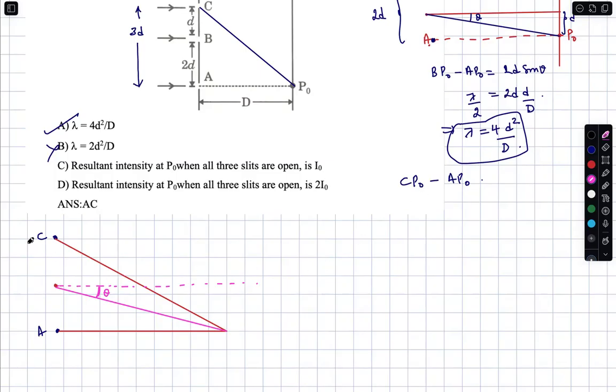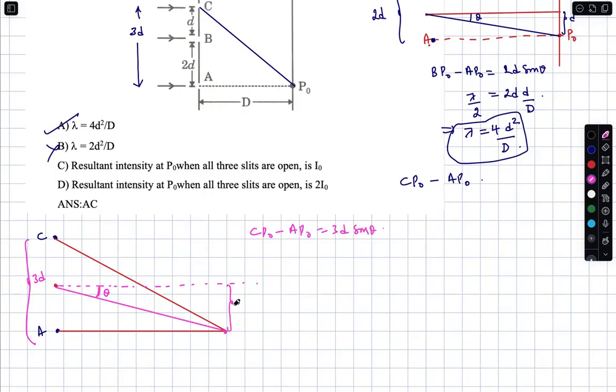Now please understand, this distance is 3D. And one more important point is, at this point, otherwise I would have written CP naught minus AP naught as 3D sine theta.